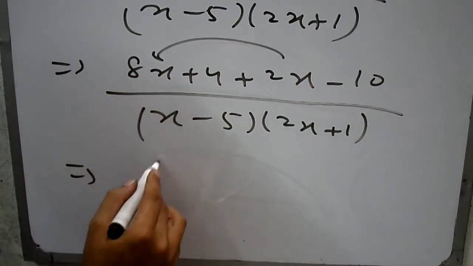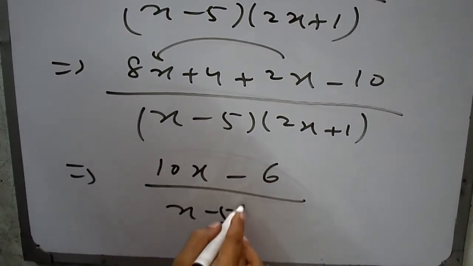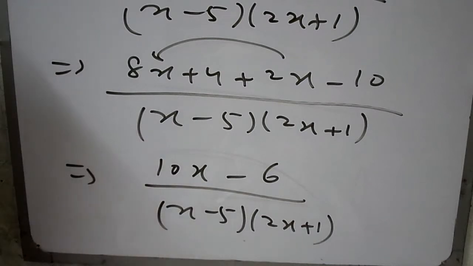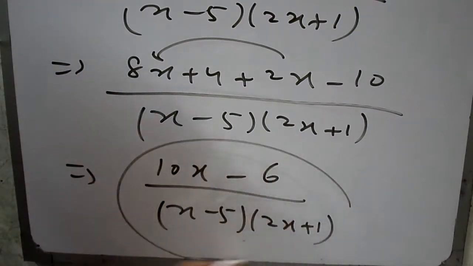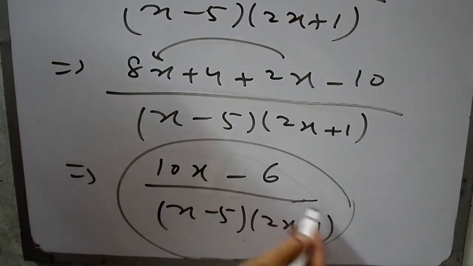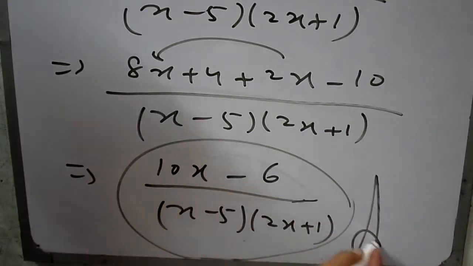So you will get 10x minus 6. So that is your result, because if you take common from above, the cancellation law doesn't apply here. It means there is nothing common in the denominator to cancel it, so that is your result.